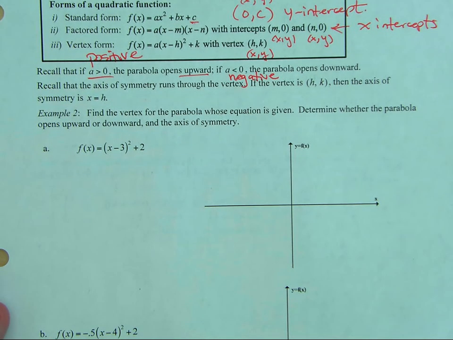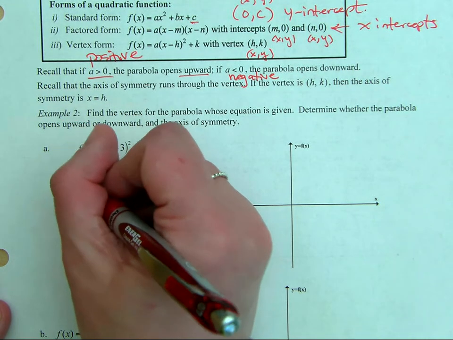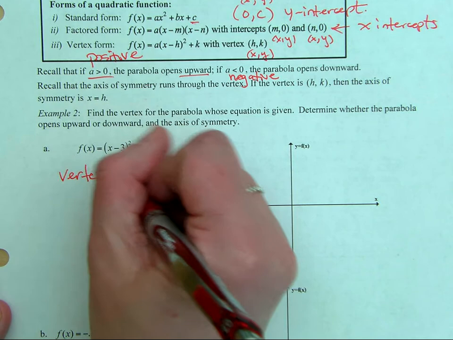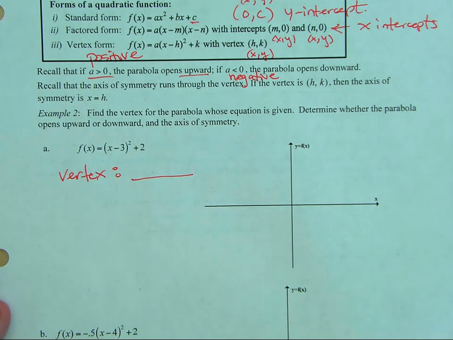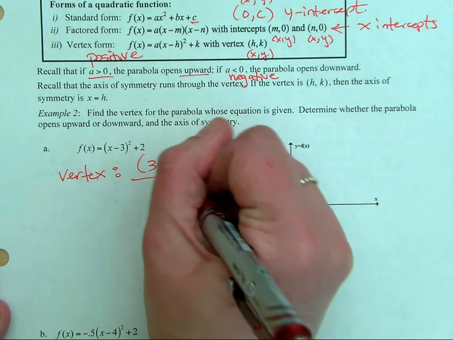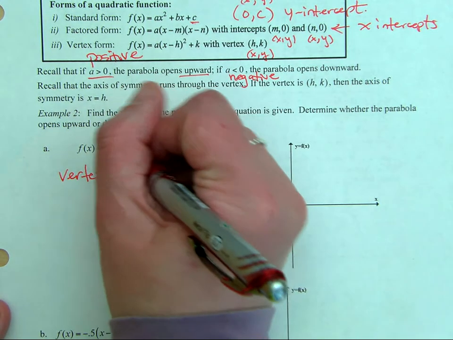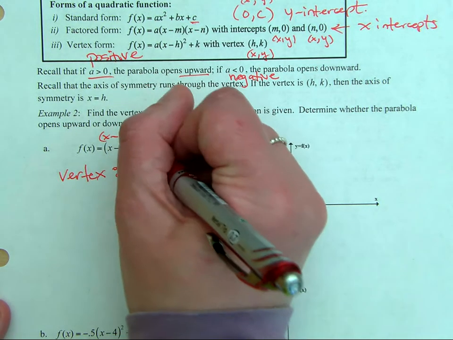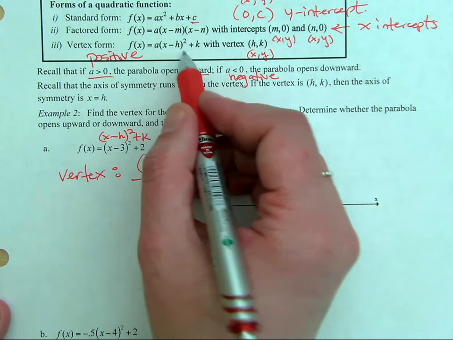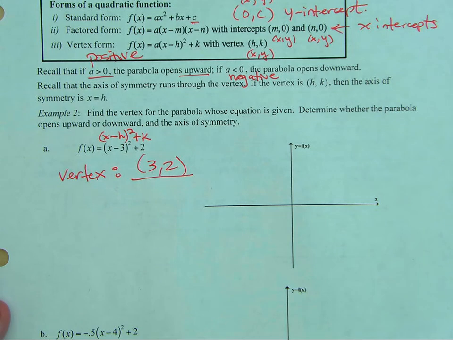So first thing to determine is the vertex, right? So who can tell me the vertex for that parabola? (3, 2). (3, 2), because here's h, here's k, right? We have x minus h squared plus k. That's our vertex form. And then what will the axis of symmetry be?